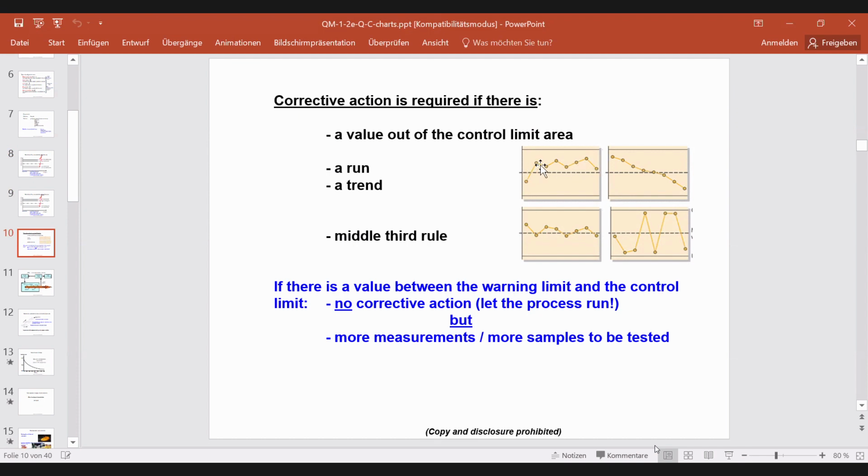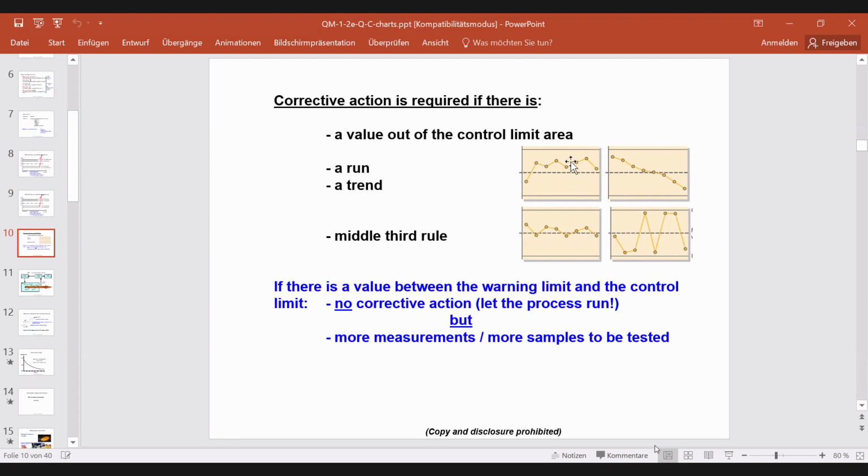If there are at least seven measurements on one side of the target value, then you have a run, and then you get an alert, which is an alarm signal from the computer, from the monitoring system, that there's something wrong with the process because this is not randomized.